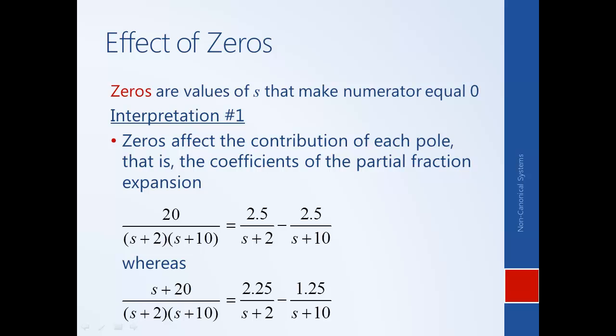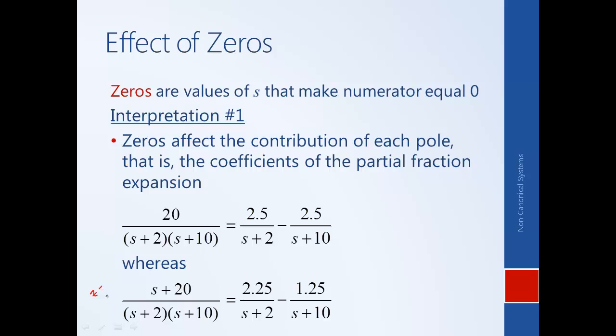Just for clarification's sake, let's look at these examples and figure out what their zeros are. Looking at the second transfer function, what is the zero for this system? Since zeros are values of s that make the numerator equal to 0, s equal to minus 20 will give us a numerator equal to 0.